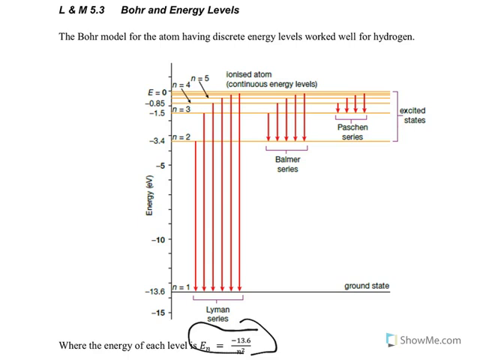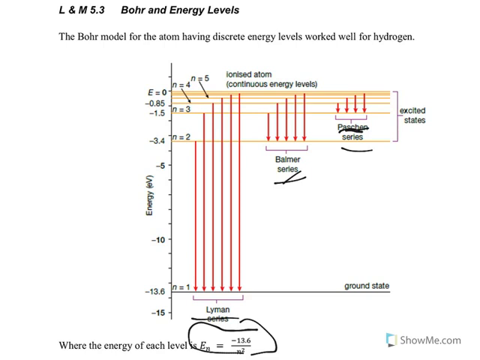Now, also, there are these series of photons or lines, if you like, with some names. Again, this is a matter of interest, not necessarily something you should know. The Lyman series is any electron that goes from an excited state to the ground. The Balmer is from any higher excited state to the first excited state, and the Paschen from any higher down to the second excited state, n equals 3.